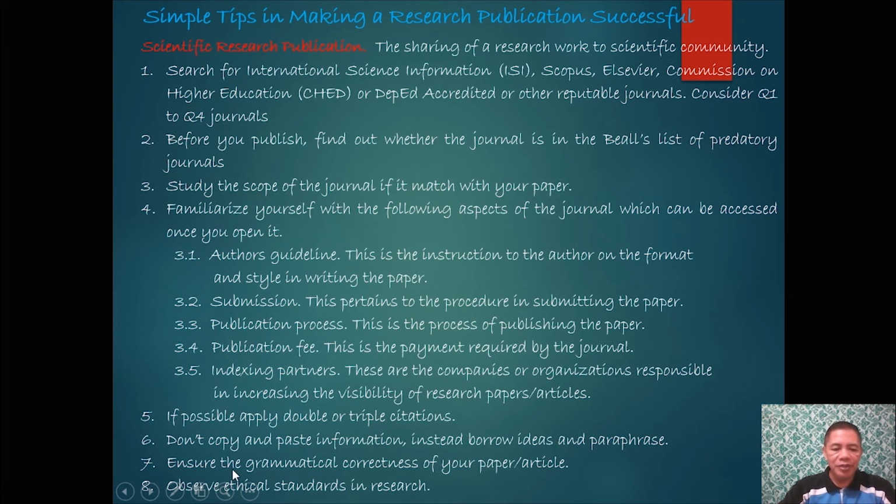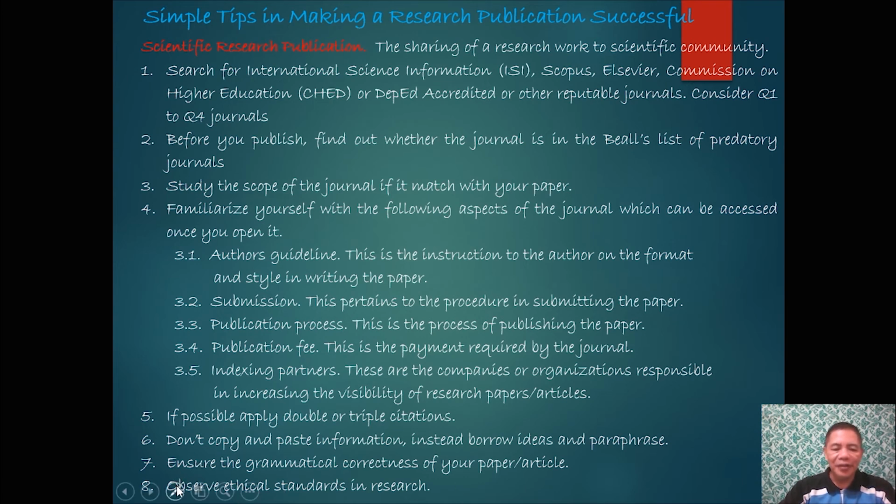Tip number 7, ensure the grammatical correctness of your paper or article. Submit your paper for grammar editing, because if it is not submitted, there may be plenty of errors. It might result in rejection by the journal organizer.